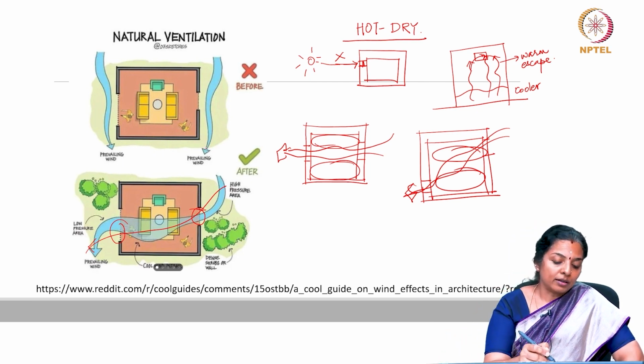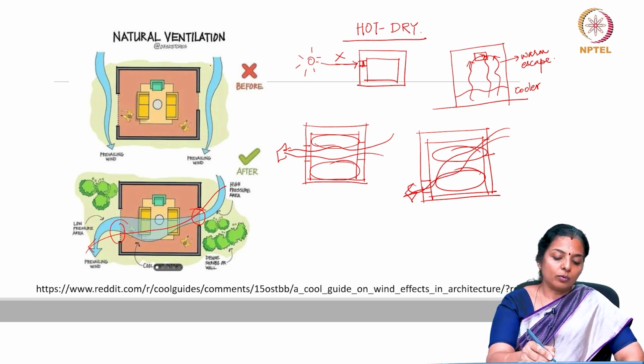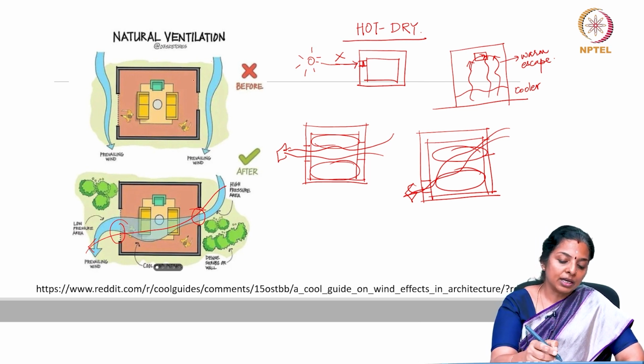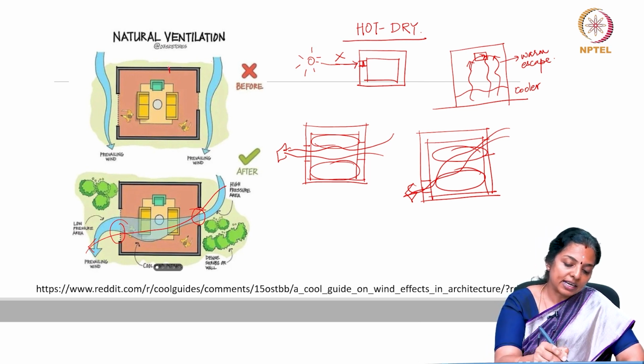When you orient the room, ensure that along the prevailing wind direction you have openings. If there were openings here and this is the prevailing wind direction, then this place would have been ventilated.